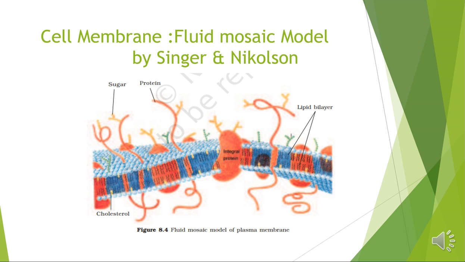This ability to move within the membrane is measured as fluidity. Now you must know that in human beings the membrane of the erythrocyte has approximately 52% protein and 40% lipids, and the remaining 8% are oligosaccharides.